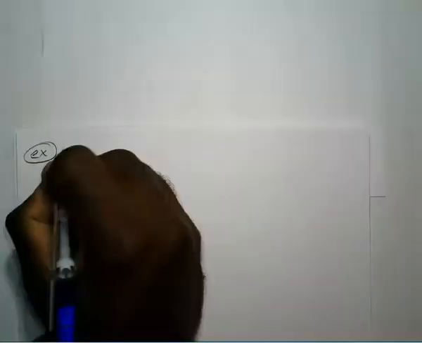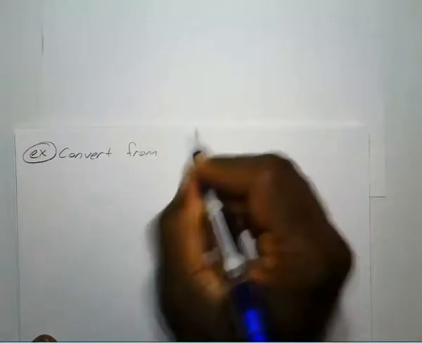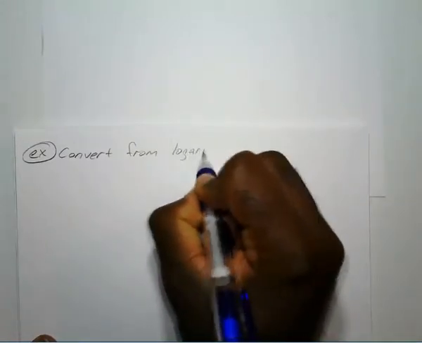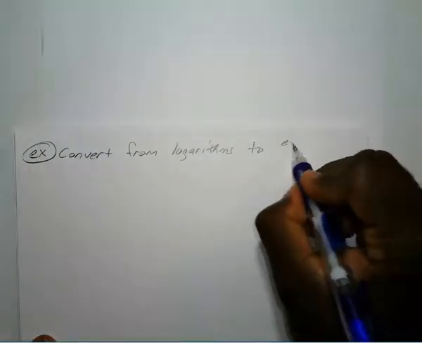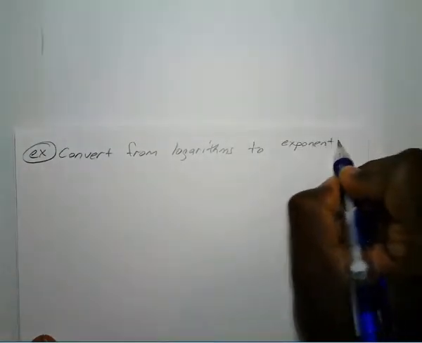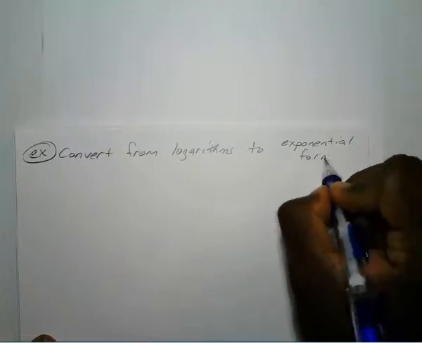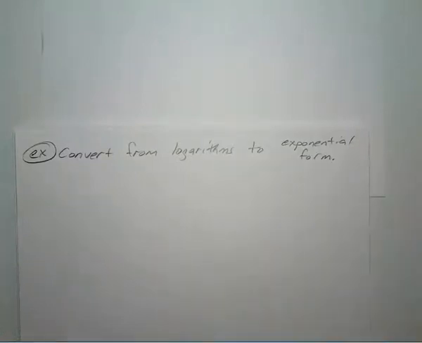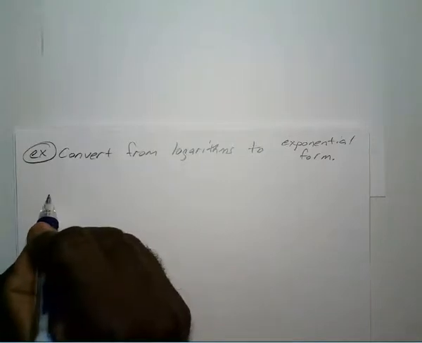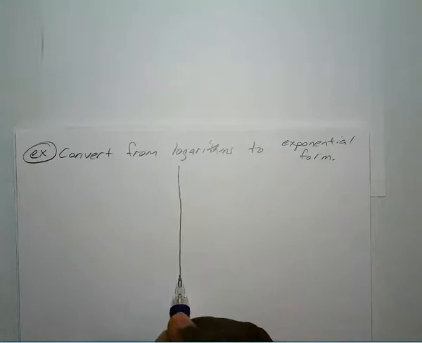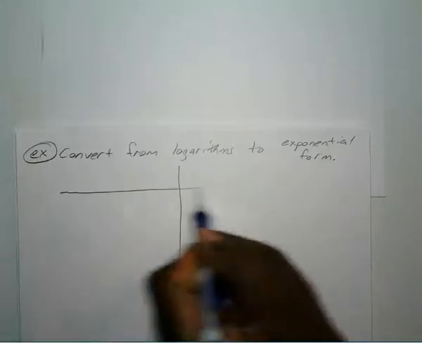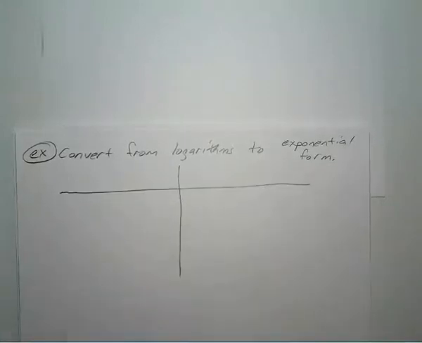Alright, so let's say, for example, we want to convert from logarithms to exponential form. We're actually going to do a few of these, so go ahead and create your little table here.